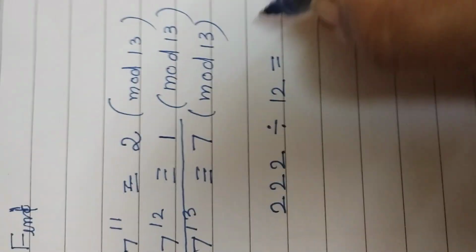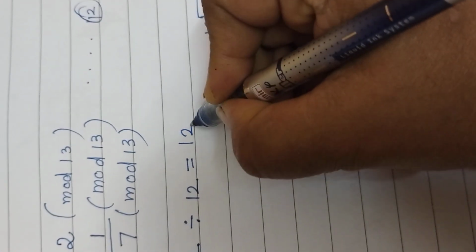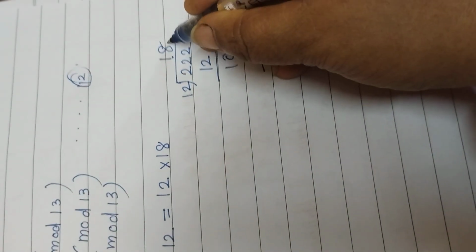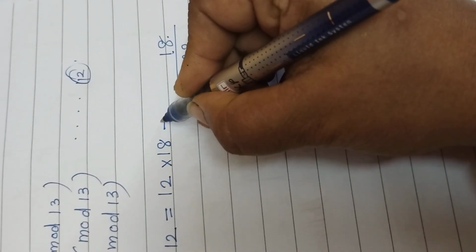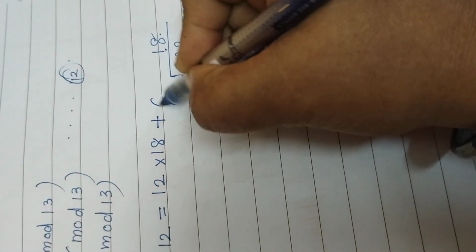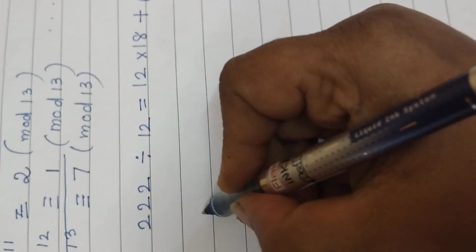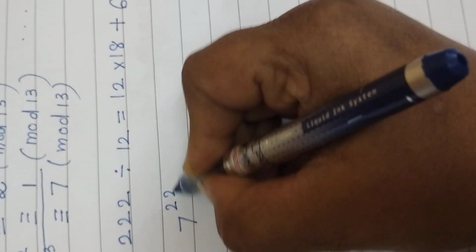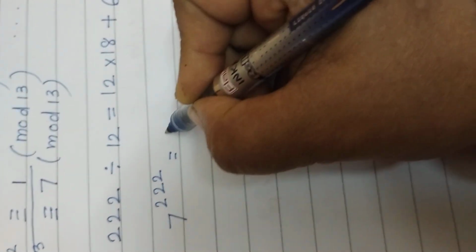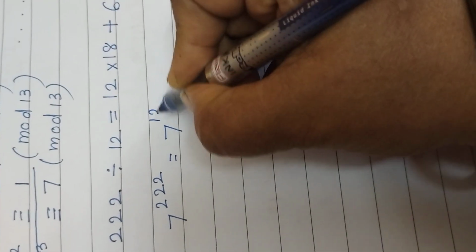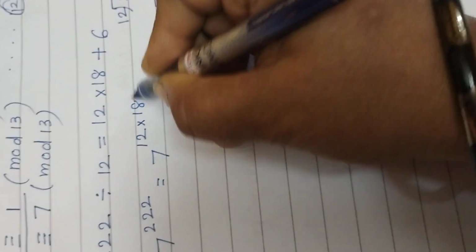So this I can write as 12 into 18. This is nothing but quotient into divisor plus remainder. Okay. So 7 to the power 222 is written as 7 power 12 into 18 plus 6.